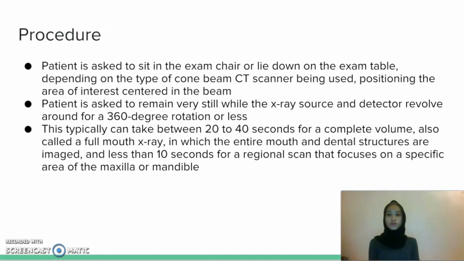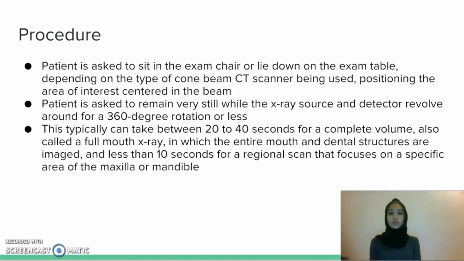So the procedure of how a CBCT scan is taken is the patient is asked to sit in the exam chair or lie down on the exam table, depending on the type of cone beam CT scanner being used, positioning the area of interest centered in the beam. The patient is then asked to remain very still while the X-ray source and detector revolve around for a 360-degree rotation or less.